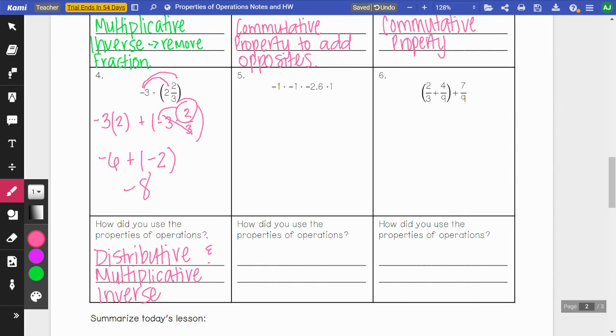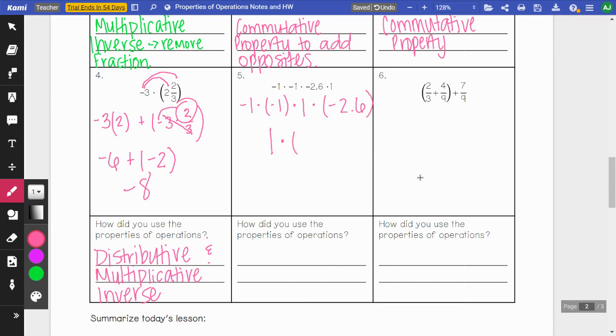Okay, -1 times -1 times -2.6 times 1. Okay, I'm going to use my commutative property to rearrange all of my 1's. Okay, so I can go ahead and get those taken care of. -1 times -1 is +1, and +1 times +1 is 1.